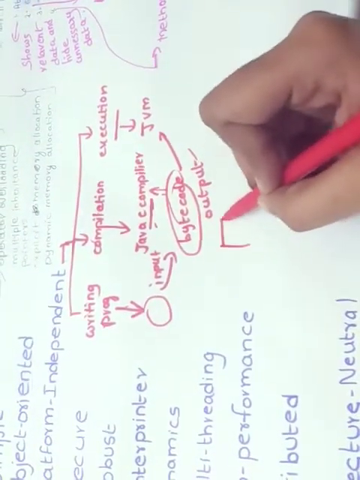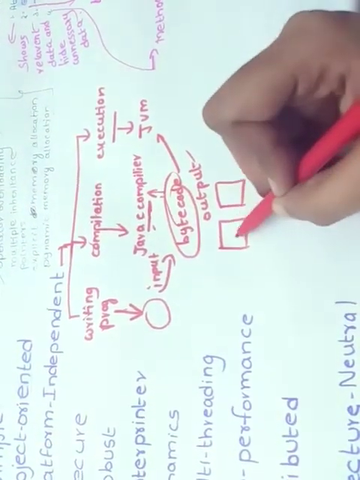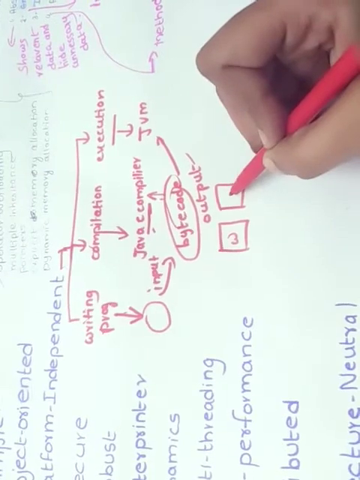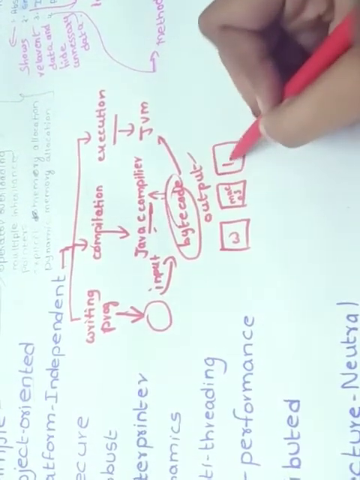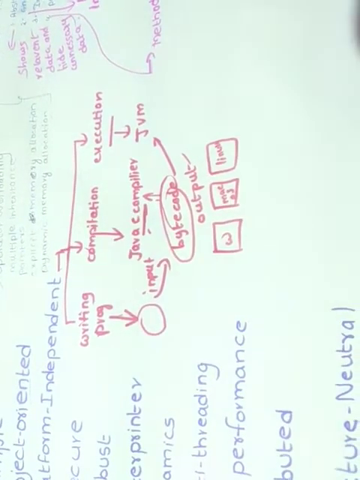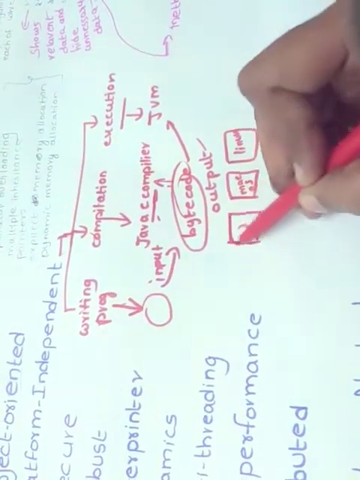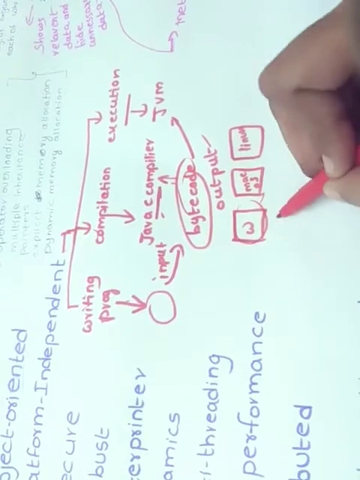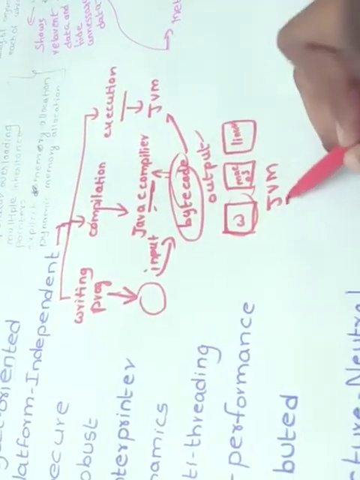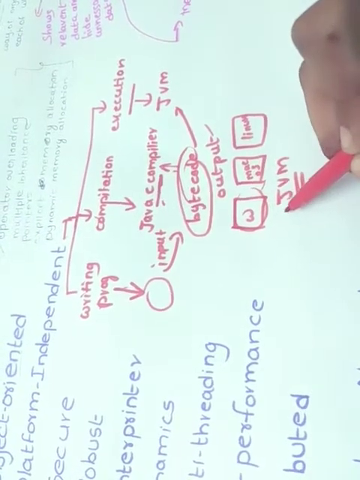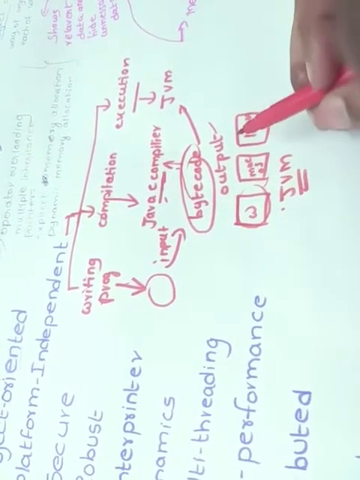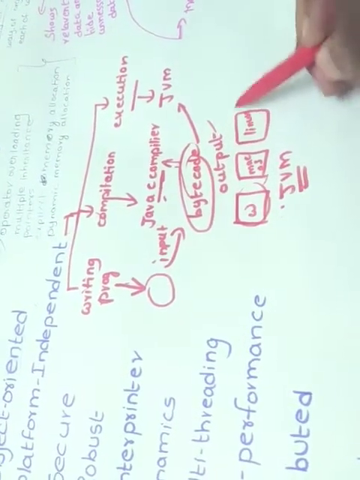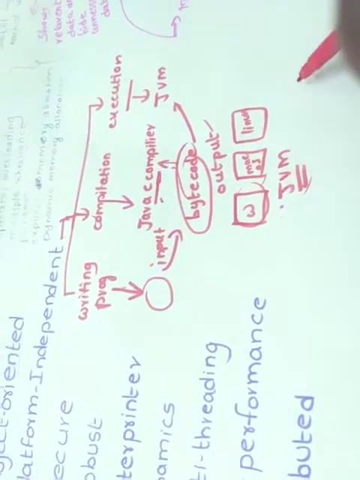For example, if you take different operating systems like Windows, Mac OS or Linux, each operating system has a different JVM, that is Java Virtual Machine, but the output they produce after execution of bytecode is the same across all operating systems.